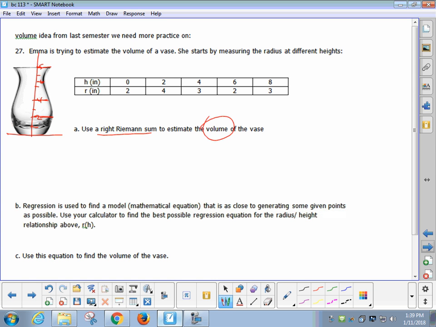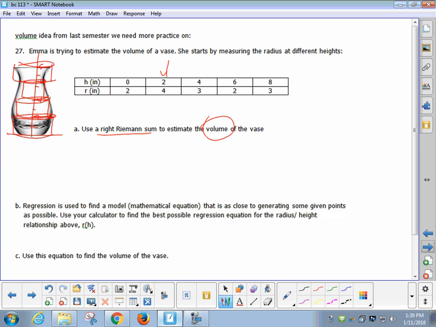And to estimate the volume, she used rectangles, like using the right side 2, but a rectangle revolved, which makes a cylinder. And then she used the radius at 4 and a cylinder, radius at 6, cylinder.